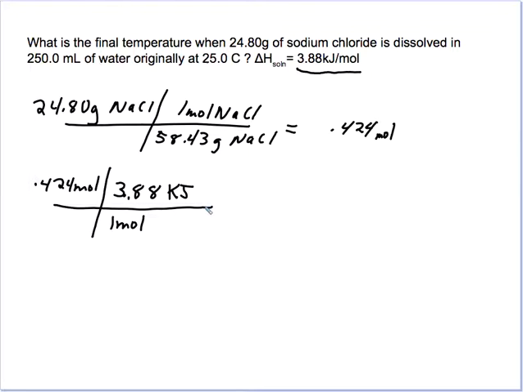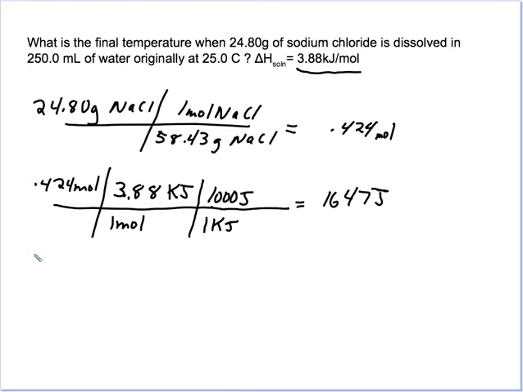Now, we're going to be using Q equals MC delta T down below, and that needs to be in joules, so I'm just going to go ahead and do one more step and change it to joules right here. So in 1 kilojoule, there's 1,000 joules. And so if you do the math right there, you get something like 1647 joules. So that many joules, and our number is positive, it's going to be absorbing it from the surroundings, which will be the water.